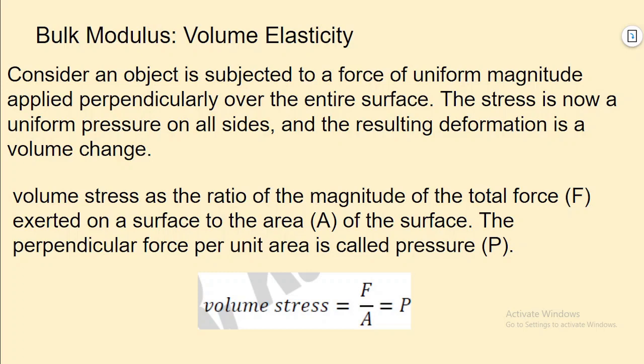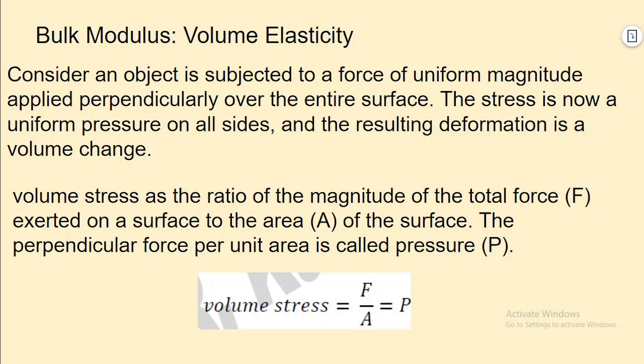So in this case, there is a change in volume, and the corresponding stress is called the volume stress. The volume stress is defined as the ratio of the magnitude of the total force exerted on the surface to the area of the surface.